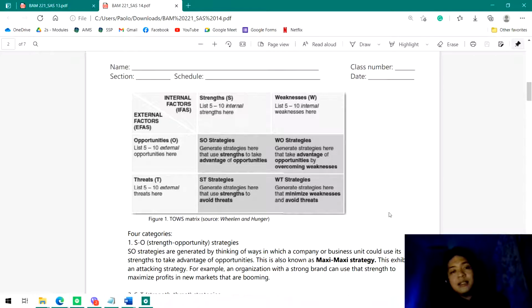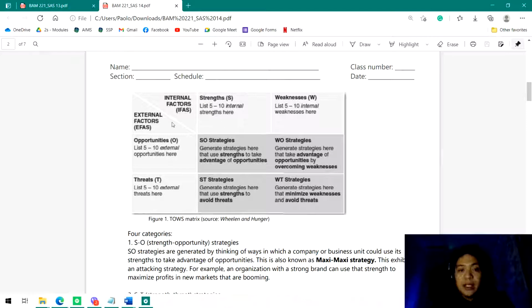With the TOWS matrix, kailangan nyo ngayon gumawa ng isang 9-cell table tulad ng ginawa natin with the IE matrix, 9 cells, ibig sabihin 9 boxes or 9 squares. At kailangan ganito ang format ng TOWS analysis ninyo. It's a little bit different with the SWOT.